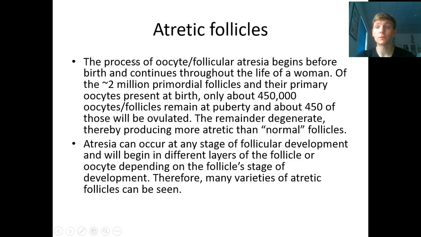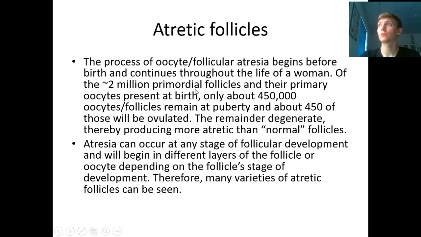Atretic follicles. What are atretic follicles? They are those follicles which are not going to be fertilized, not even ovulated. The process of oocyte follicular atresia begins before birth and continues throughout the life of a woman. There are approximately 2 million primordial follicles produced. 2 million, just imagine.